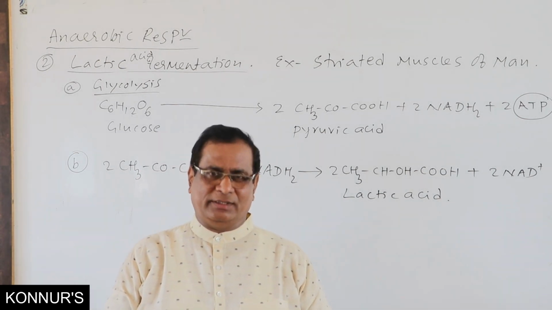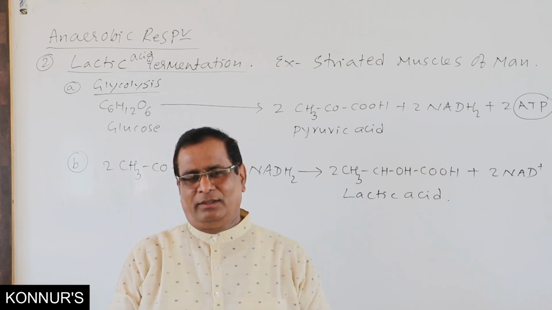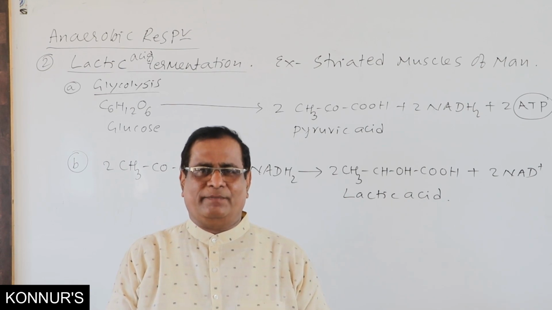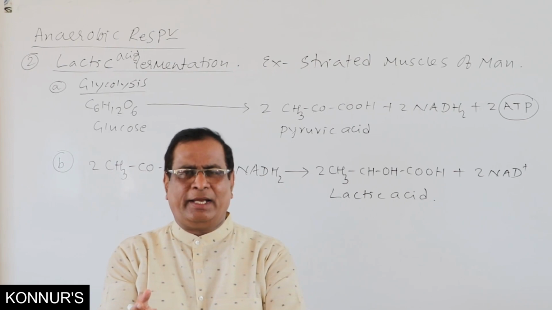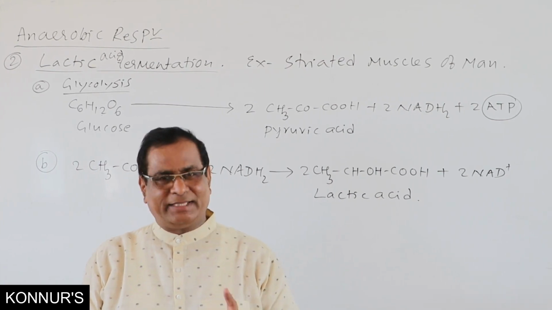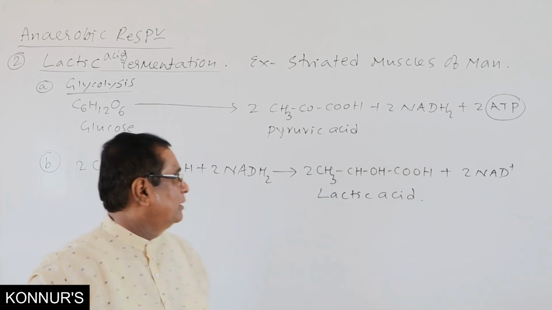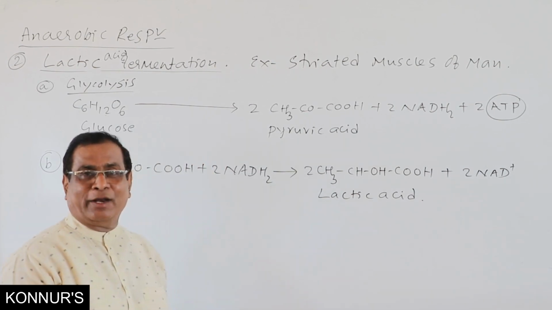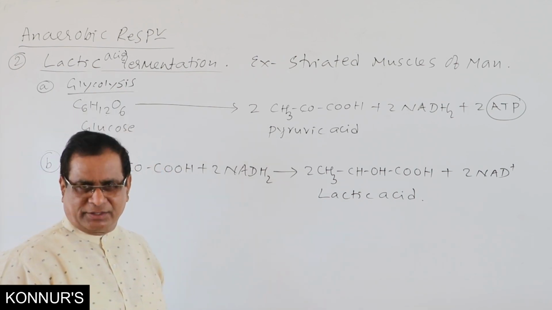They are voluntary muscles, present in our arms and legs. If they get oxygen, they respire aerobically. If they do not get oxygen, they respire anaerobically by performing lactic acid fermentation.